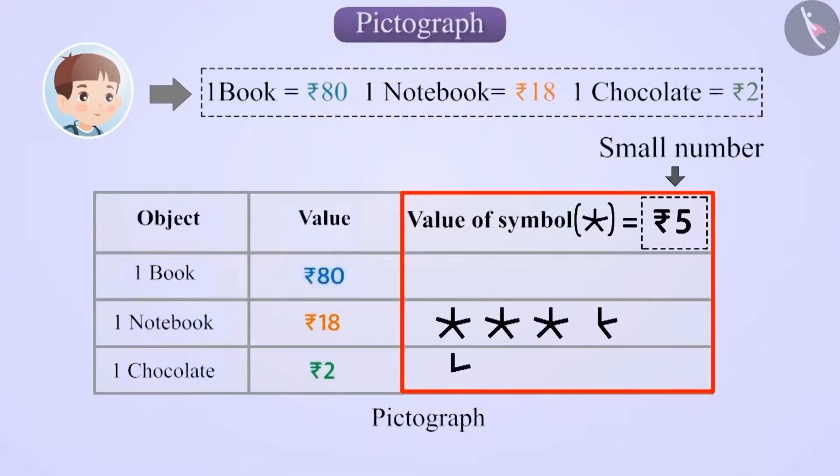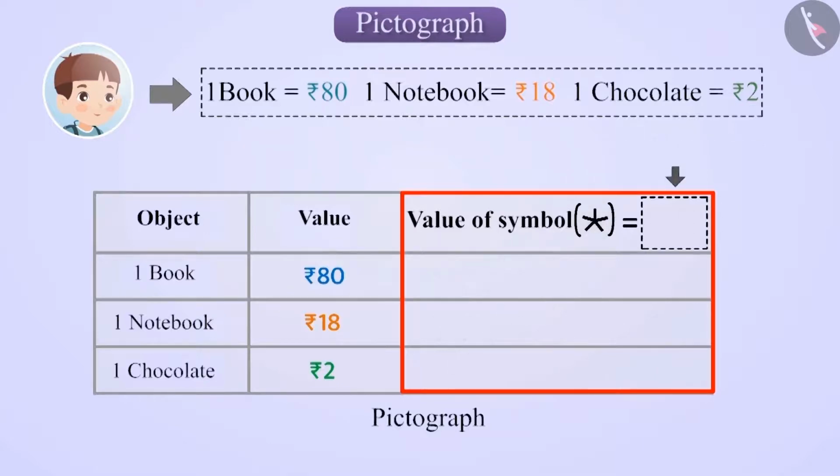But you will face difficulty while drawing many symbols to represent rupees 80. And if you take the value of the symbol a larger number, such as rupees 40, then you will easily be able to represent rupees 80. But you will face difficulty while representing rupees 2 and rupees 18. To overcome many such difficulties, we use bar graph.